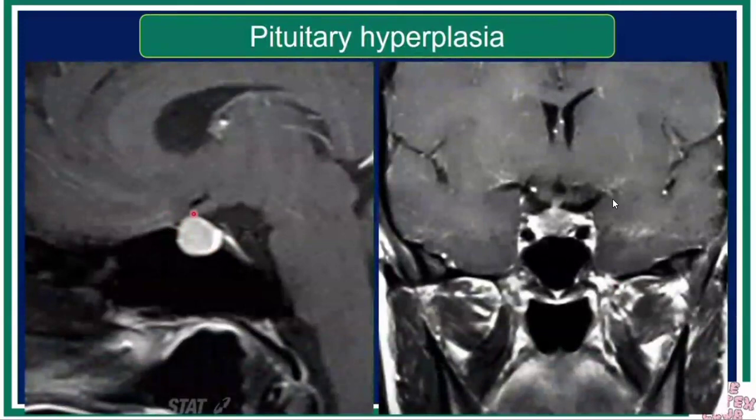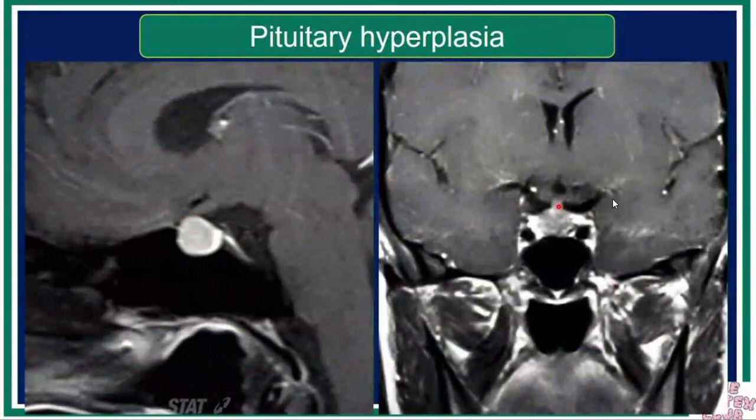And this is probably a good point where we show what pituitary hyperplasia looks like. So this is a homogeneously enhancing gland, and you can see how this looks different from that normal pituitary that we showed, which had almost a concave superior margin. But when we see this convexity on the superior margin of the pituitary gland, which is diffusely enlarged and is more than the normal range of size, and it is without deviation of the pituitary stalk because the gland as a whole is enlarged and enhancing.